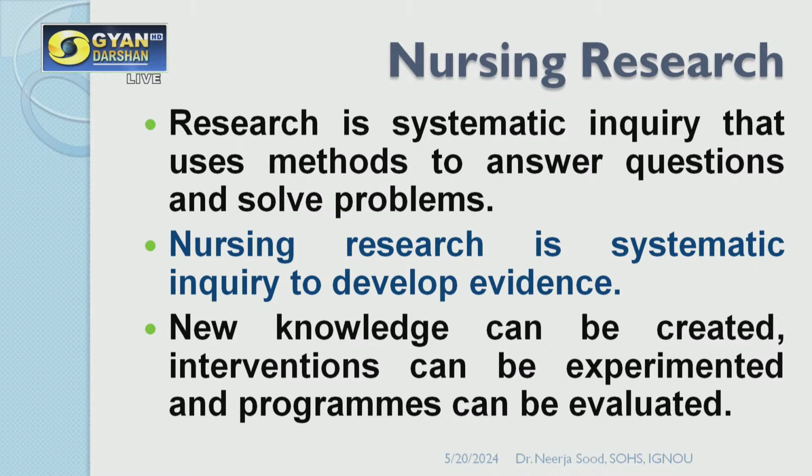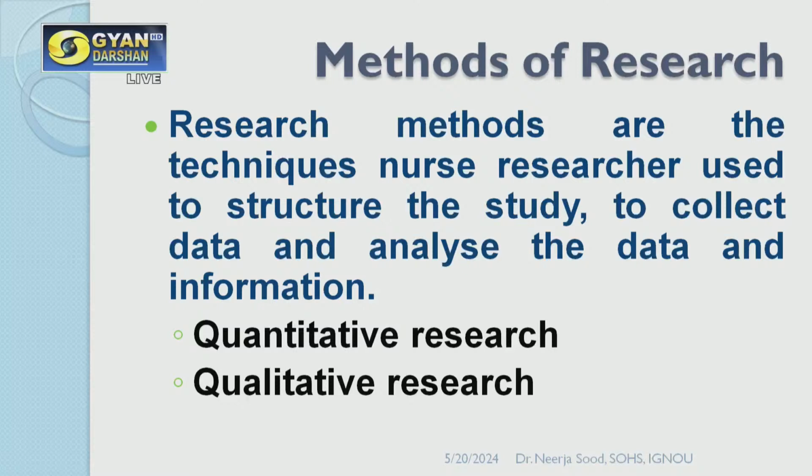New knowledge can be created, interventions can be experimented, and programs can be evaluated. So you can do anything you want to do. And there are qualitative and quantitative methods which you must have studied during your GNM, post-basic and various other courses.